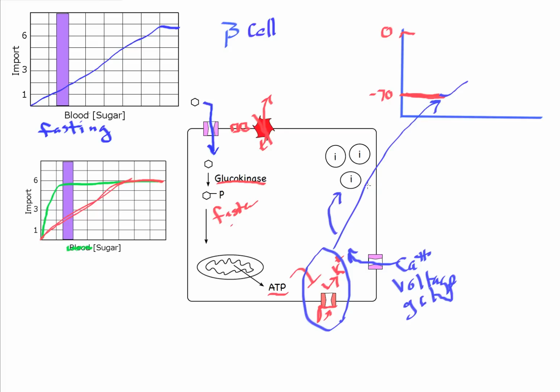Calcium signals insulin-containing vesicles to exocytose. So they do. When they do, insulin enters the interstitial fluid and then diffuses to the blood. This is the response to increases in blood glucose levels.